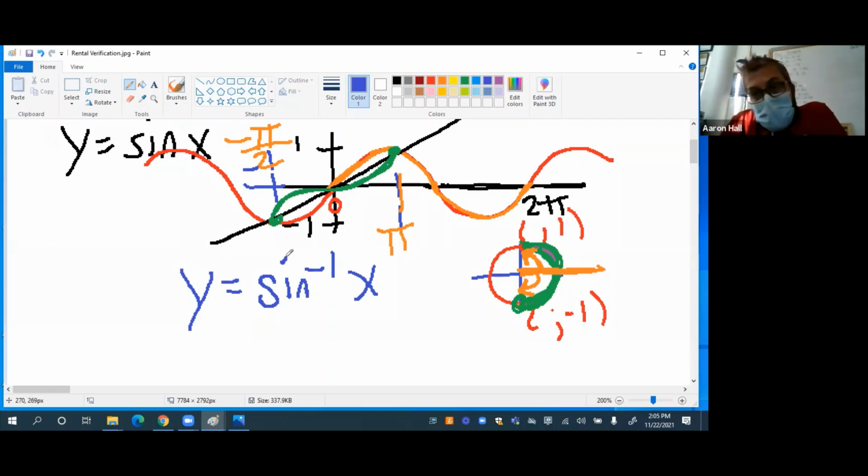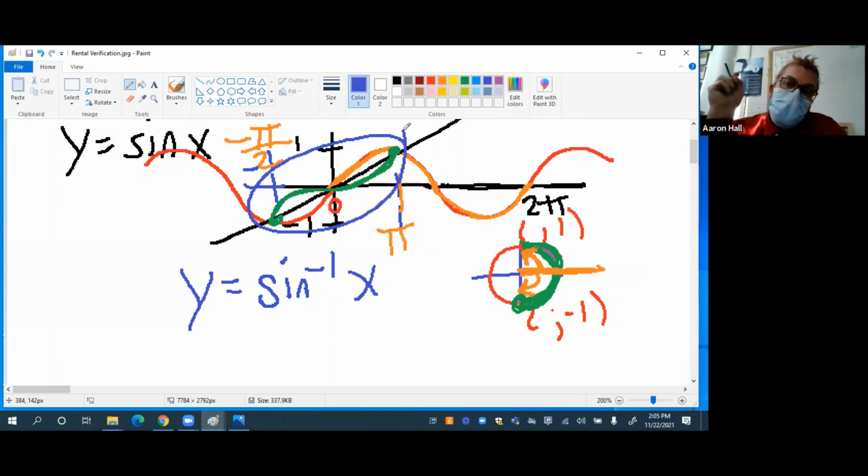Now, what about the inverse of sine of x? This is a calculus class where derivatives are really important. In fact, everything sort of centers on this idea of the derivative. When I look at the graph, is the green graph differentiable at all values of x?